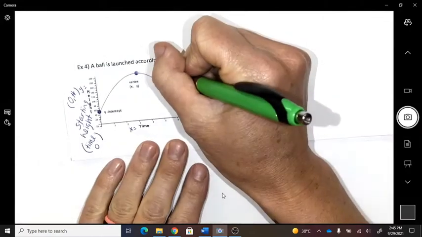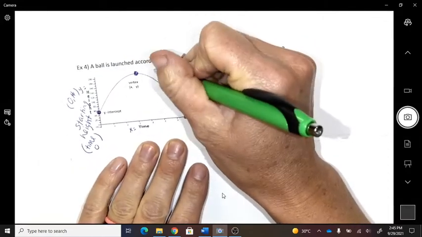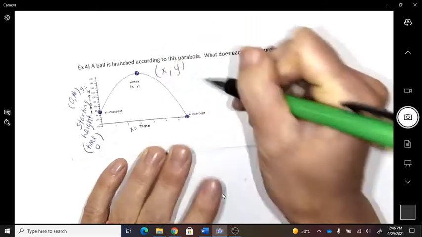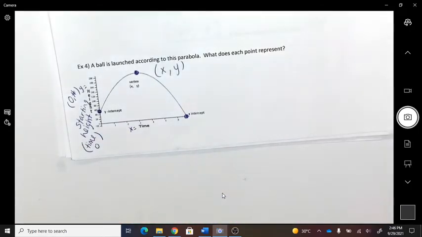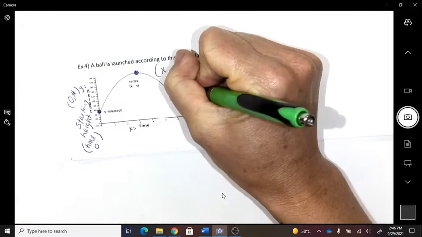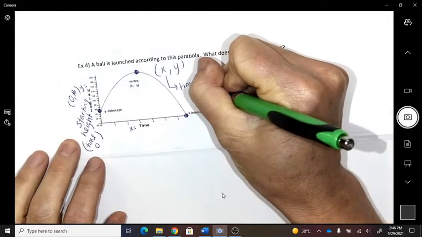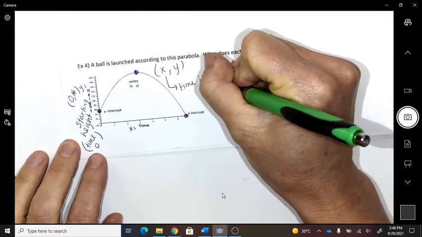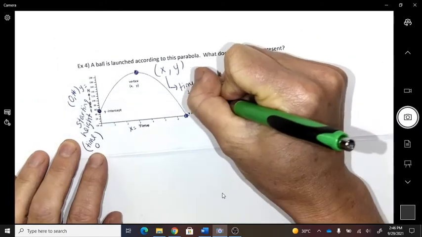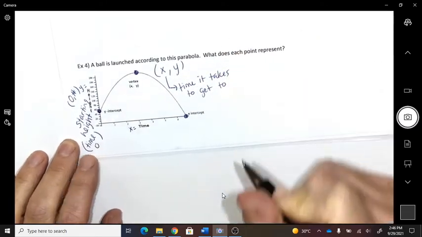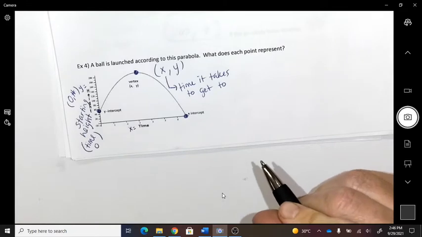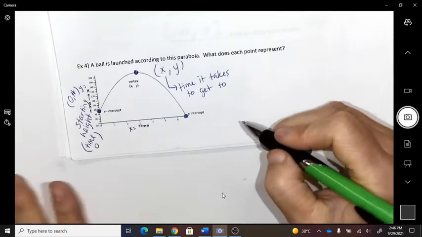Okay, so this is the vertex, and your vertex is going to be something, comma, something. In this case, it's like 3, comma 200. What does this tell me? The time. The time of what? The time it takes to get to, and what is special about that point?